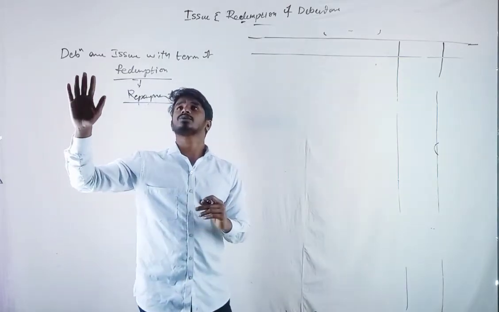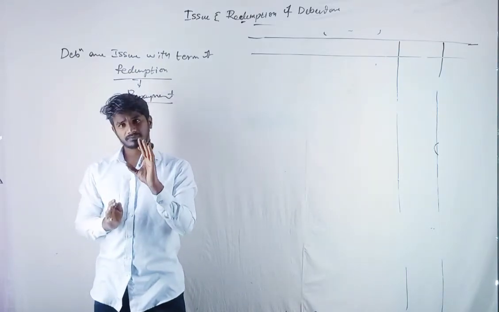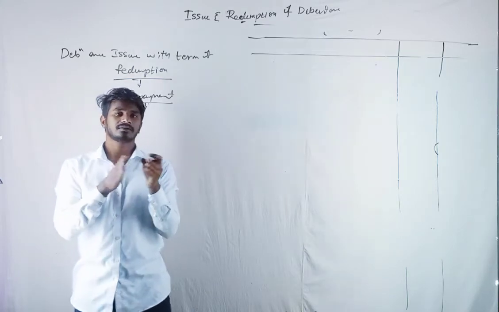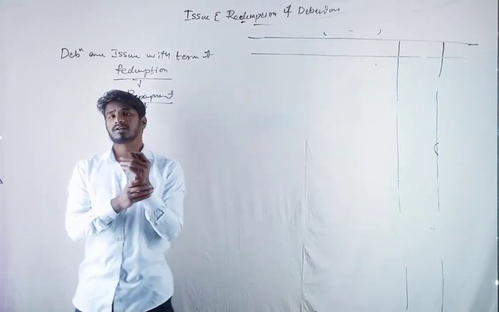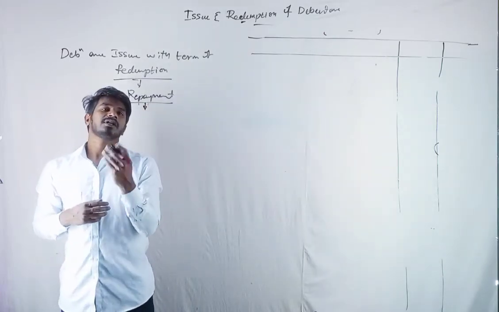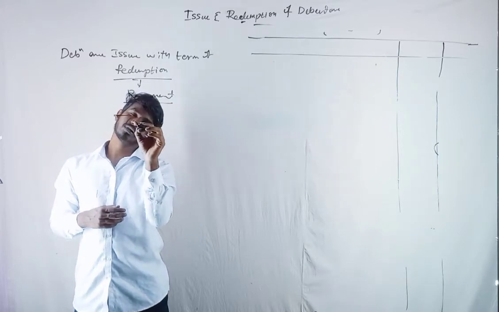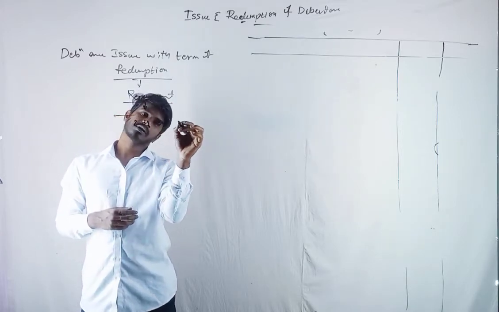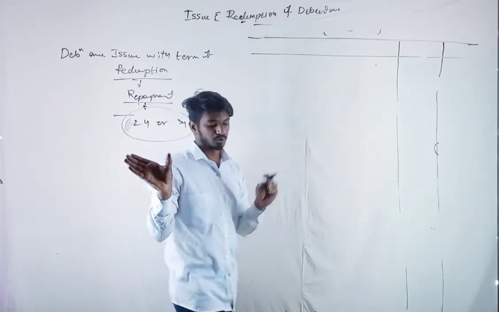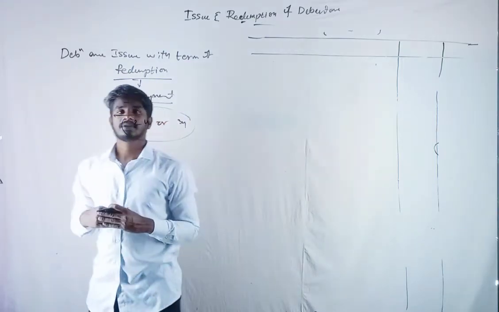Debentures are issued with a term of redemption. Term of redemption means if you take a loan, they will give a time, right? 2 to 3 years, 5 years, whatever it may be, they will give time. So let us say they have given 2 years or 3 years. It is called term. With the term, you should pay us a return on this term, right?